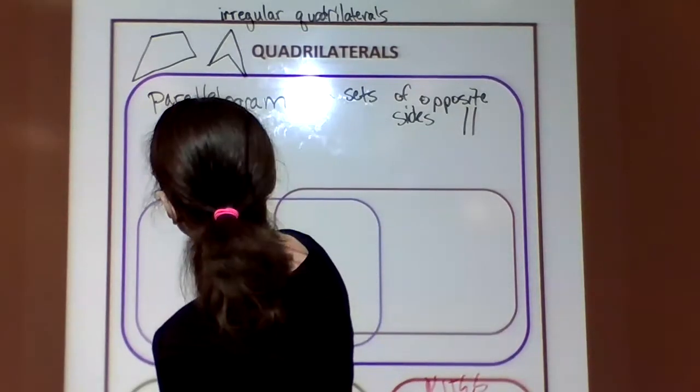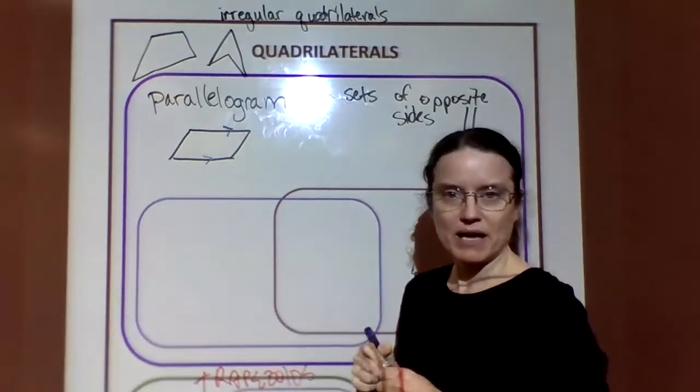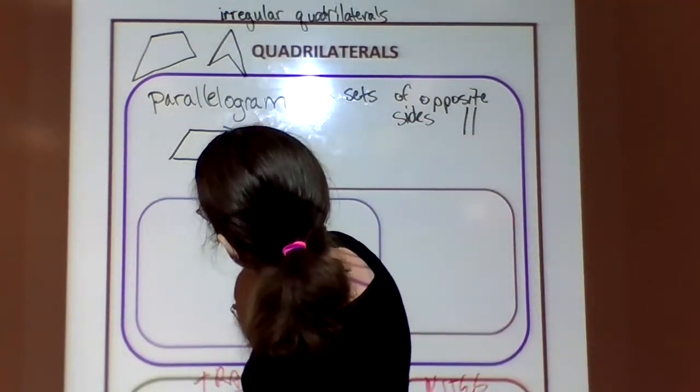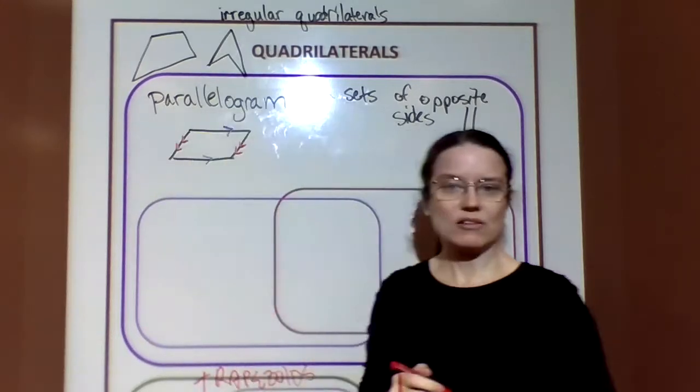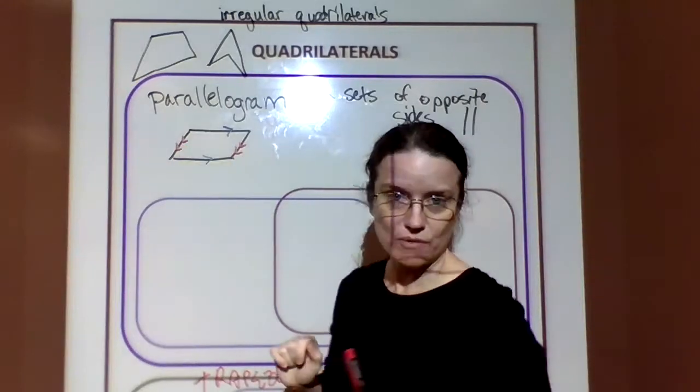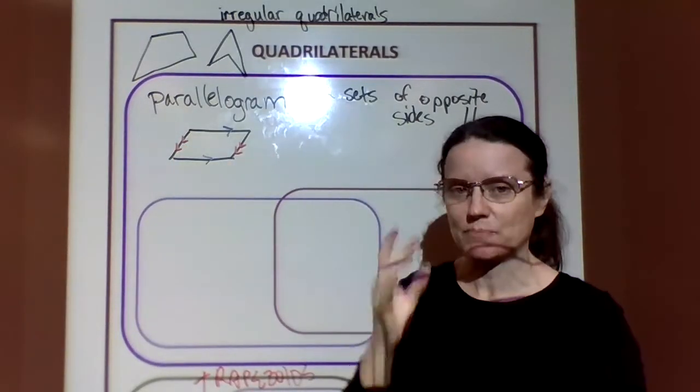One set of sides here, the top and bottom set of bases, will be parallel. But if you flip it on its side, these bases are also parallel. So these two are parallel and these two are parallel. So two sets of opposite sides are parallel.